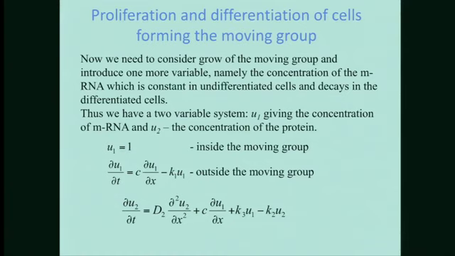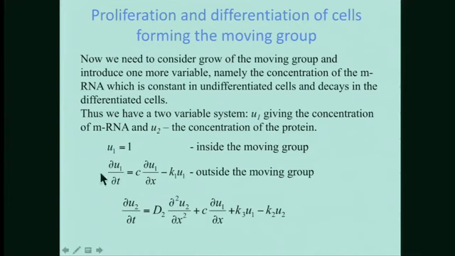For example, they become similar to other surrounding cells. But they don't stop producing proteins straight away. There is, for example, mRNA, which stops being maintained, and it decays, and the production of protein morphogen also decays over time.